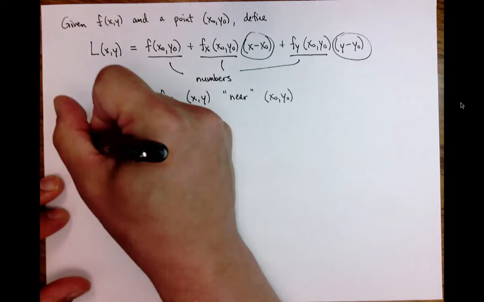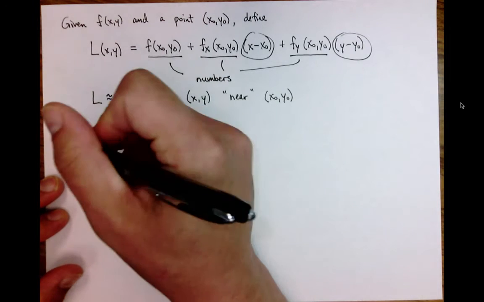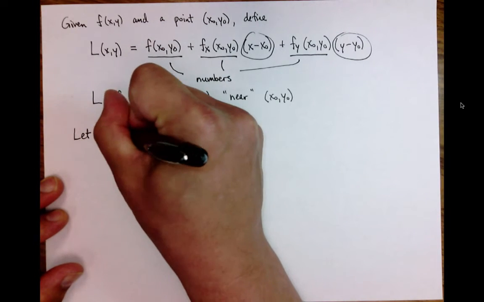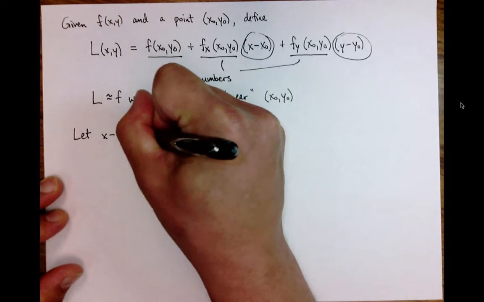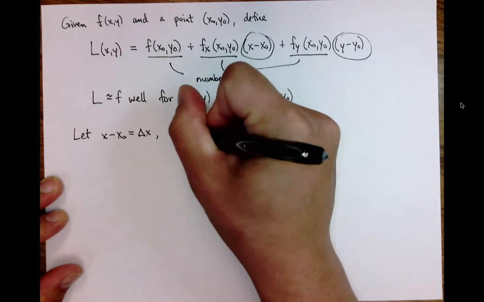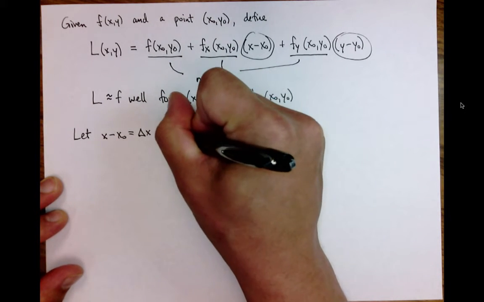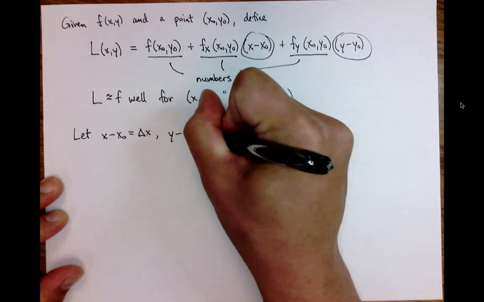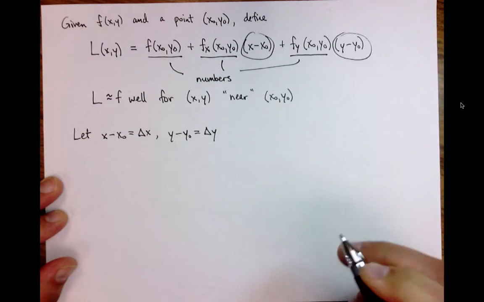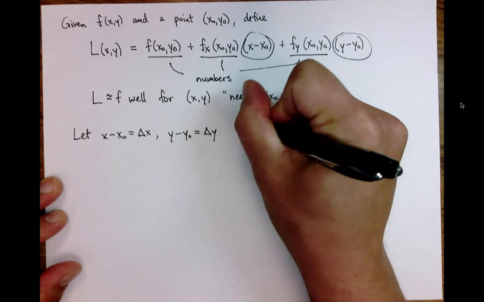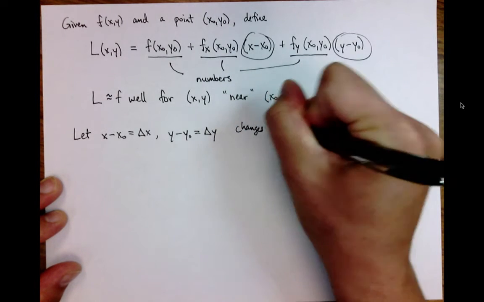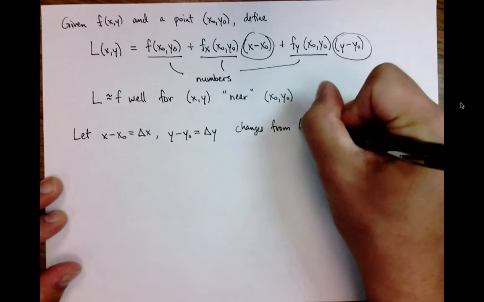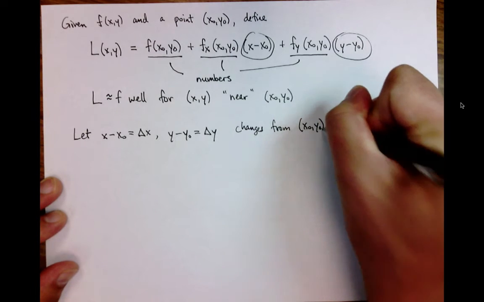So one way we could quantify it is to let x minus x0 be defined as delta x, the change in x, and y minus y0 is delta y. So those are changes in the variables from the original point.